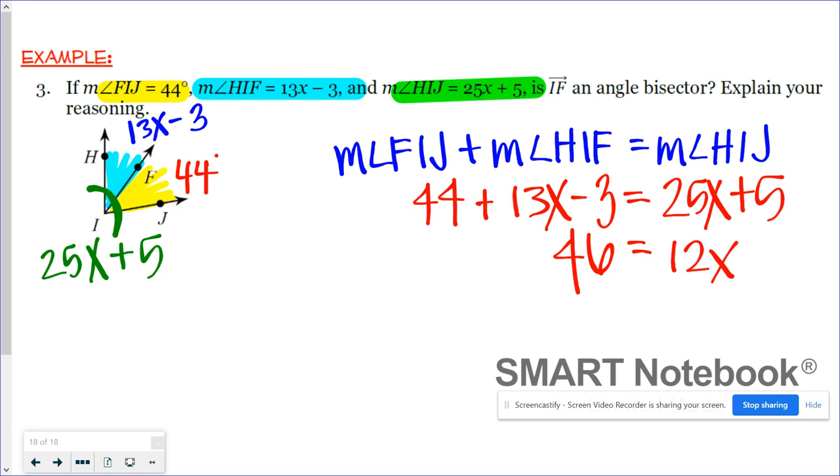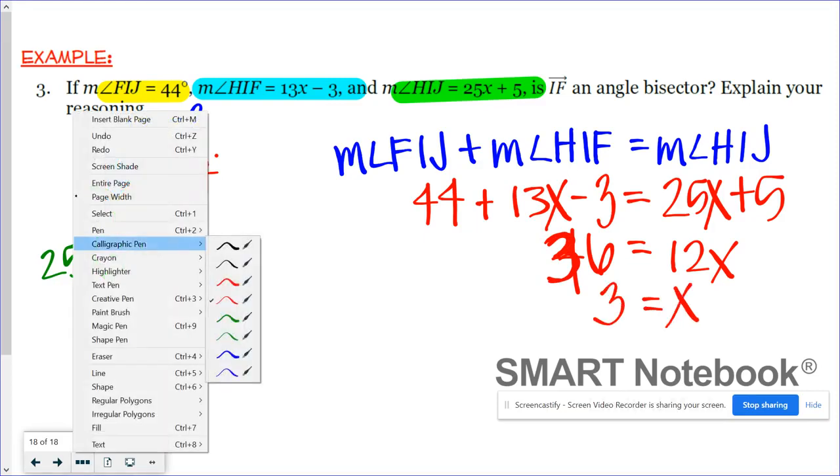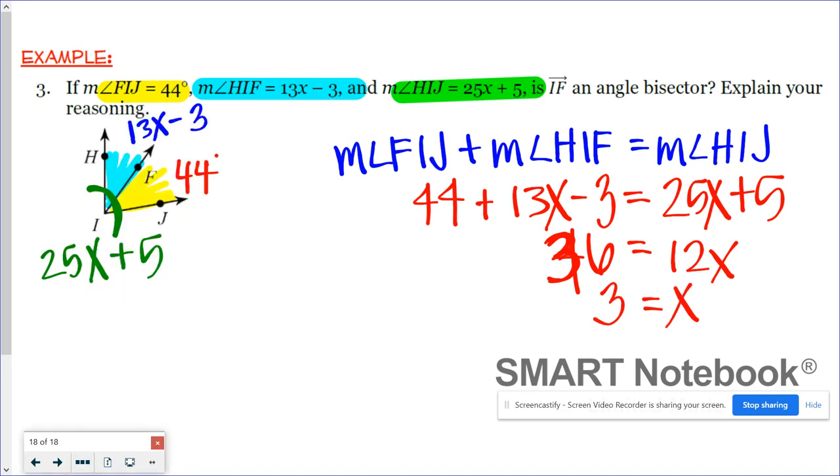Yeah, I made a little mistake there. Sorry about that. I am human. I added 5 instead of subtracted 5. So it's 36 equals 12x. So I get x is 3. Right? And then I can find some measurements here.